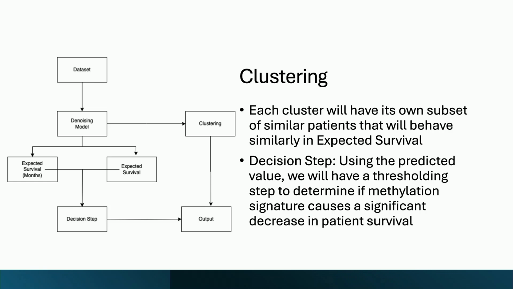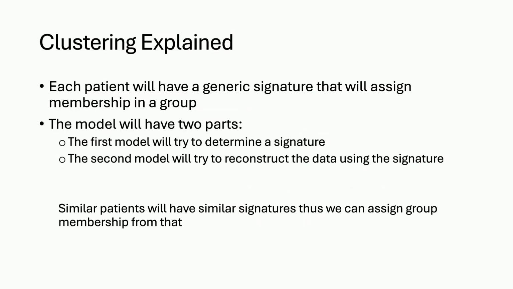So the clustering, if you look at the denoising model, the way I can explain this, let me go to this slide. We can split the clustering model into 2 steps. The first model will determine a signature, and the second model will try to reconstruct the data using the signature.